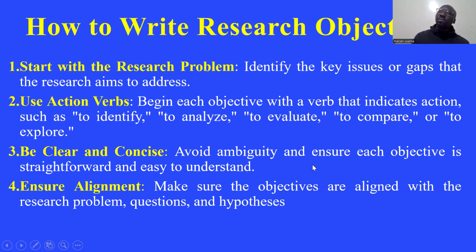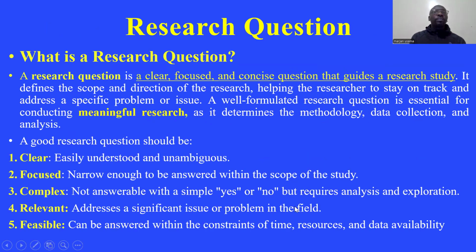But sometimes you find some students whose research objectives are not clear. They are very long. They don't have action verbs. So you have to tell the students to formulate and reformulate again and again. Then ensure alignment. Make sure the objectives are aligned with the research problem, question, and hypothesis.